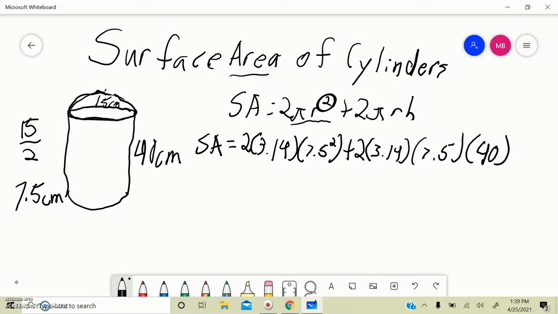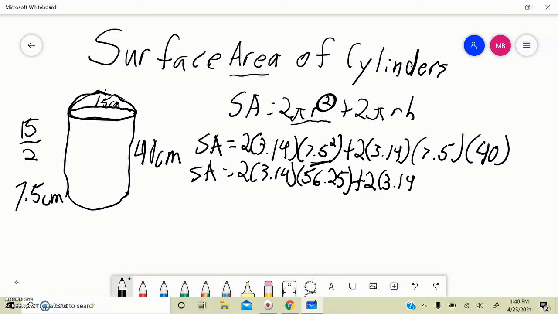Well, I have to follow my order of operations. So I'm going to do my square next. So I have 2 times 3.14 times 56.25 plus 2 times 3.14 times 7.5 times 40.